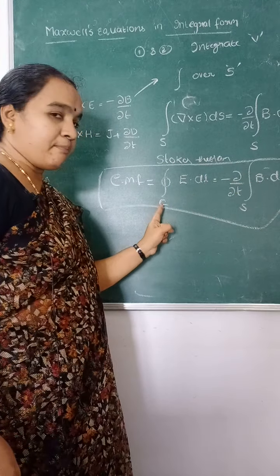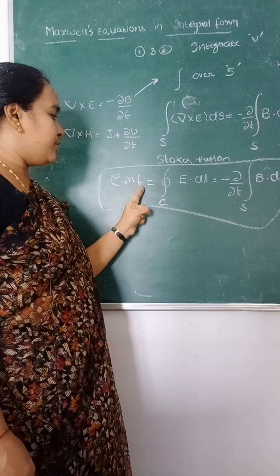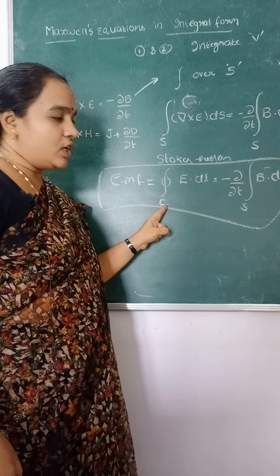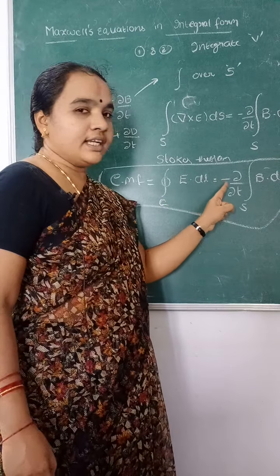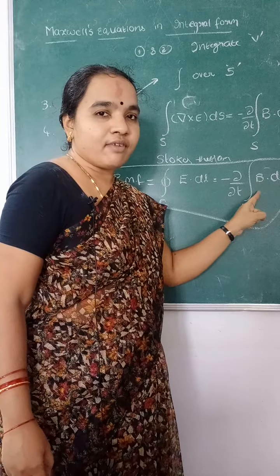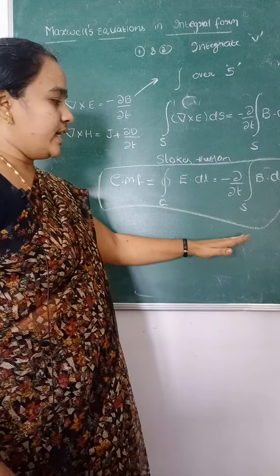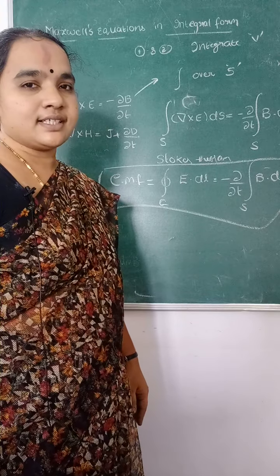Here it is the path, here it is the surface. The electromotive force over any closed path is equivalent to the negative rate of change of magnetic flux linked with the circuit. This is the physical significance of the third Maxwell's equation.